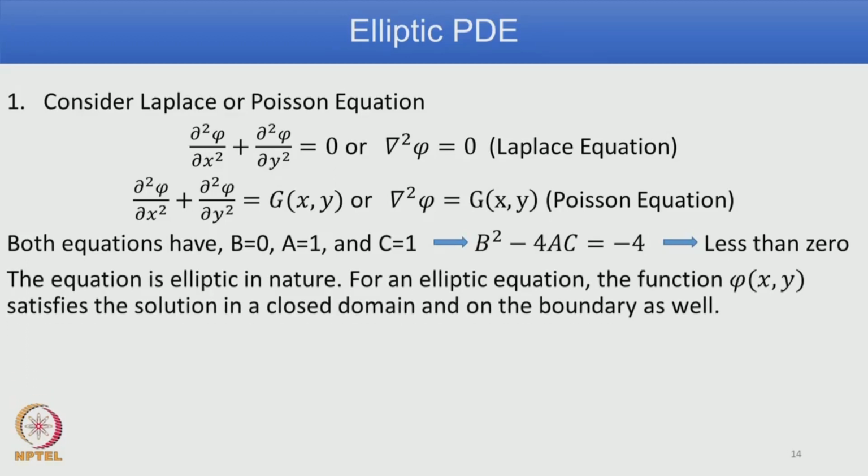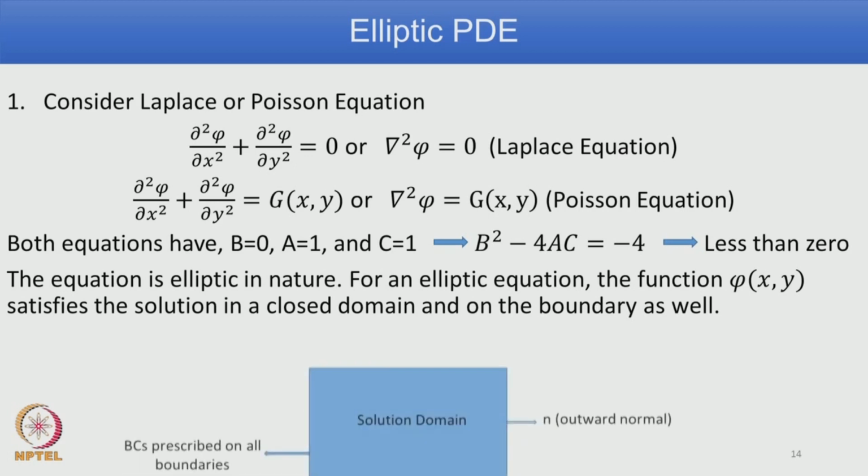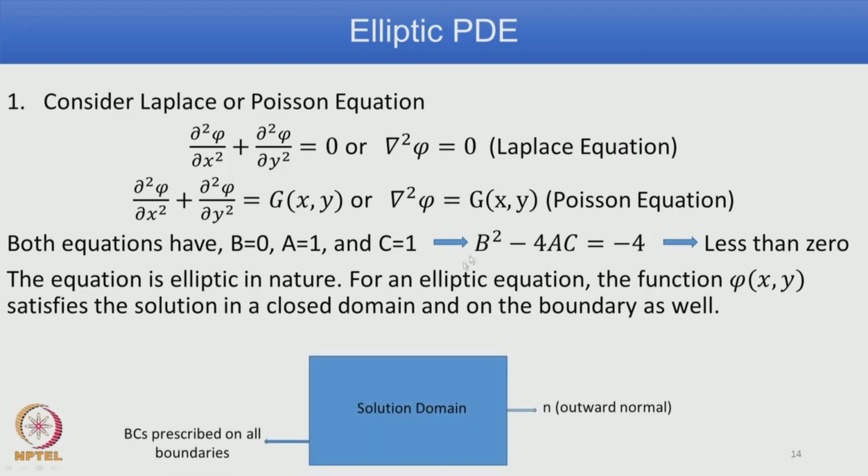In elliptic PDE, as we have seen before, the solution does not have any particular direction. It moves in all directions equally, without any bias, up to the boundary point. This is also given in this figure. So, you need to specify boundary conditions on all the 4 sides, and the solution is restricted to the full domain.